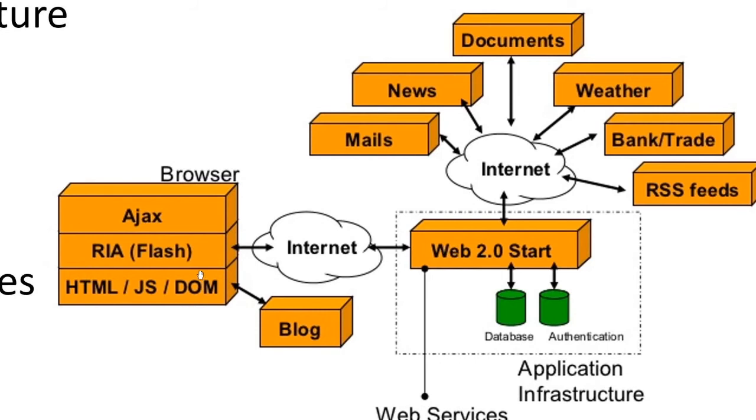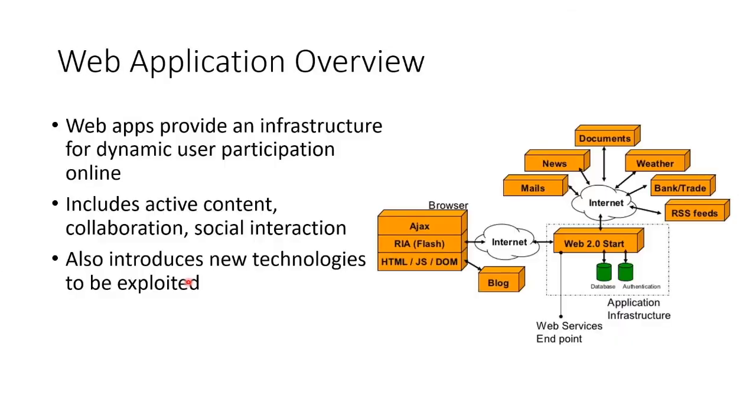And then we've got a client over here with a browser, and that browser is running JavaScript, HTML, Ajax, Flash, something like that. And it's getting these pages from the web server, and it is doing something with those pages. And maybe even we have something else on the side, like a blog. So you can see a lot of moving parts with regard to a web app. And every one of these things is a potential for hacking.